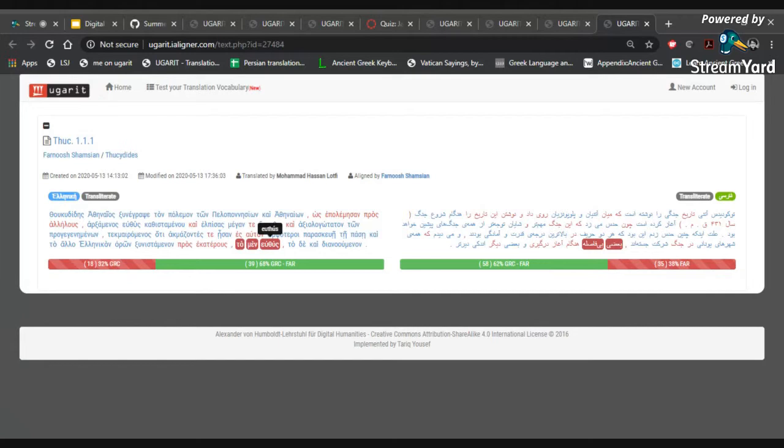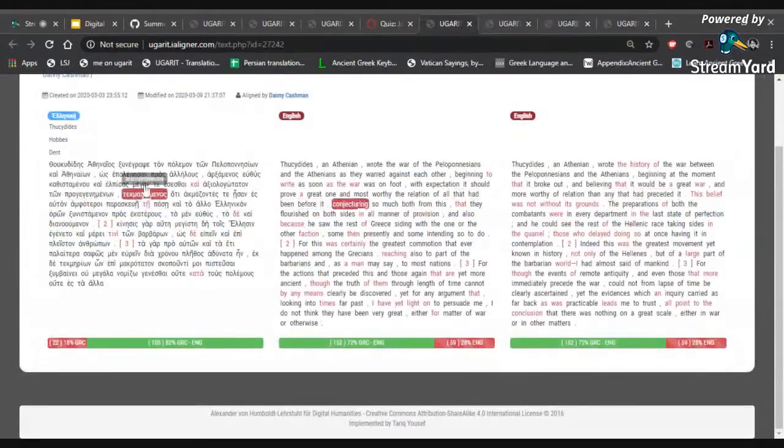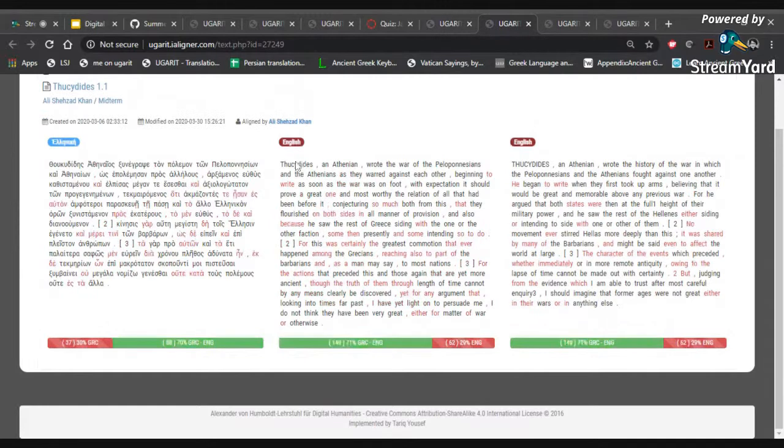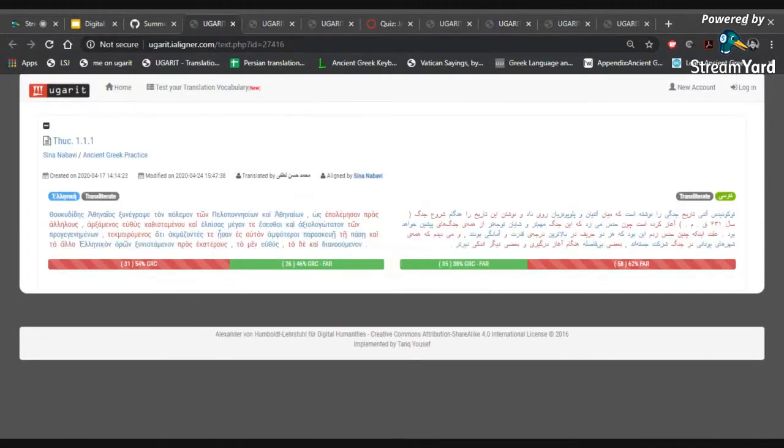So this part, hos polemeson pros allelus, exists in Persian and has been aligned. So the phrase "as they war against each other" has been aligned here. Some translations don't have it, but in English we have this phrase, but not in Persian.